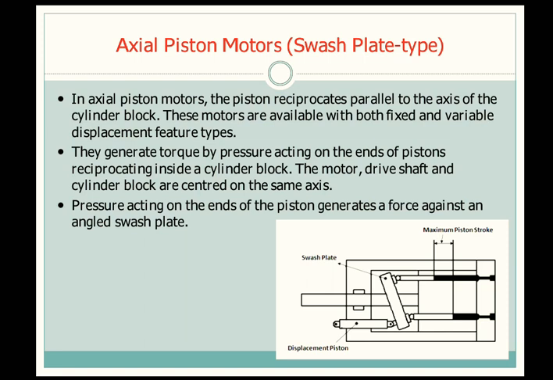In the figure you can see that there is a swash plate, and on the circumference of the swash plate many pistons are attached, and at the top the valve is the inlet valve, and the bottom valve is the outlet valve.